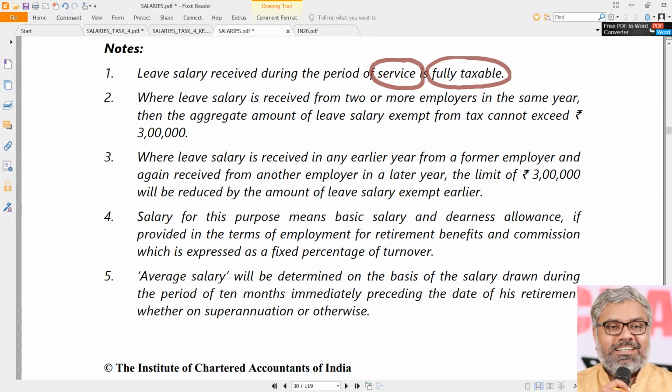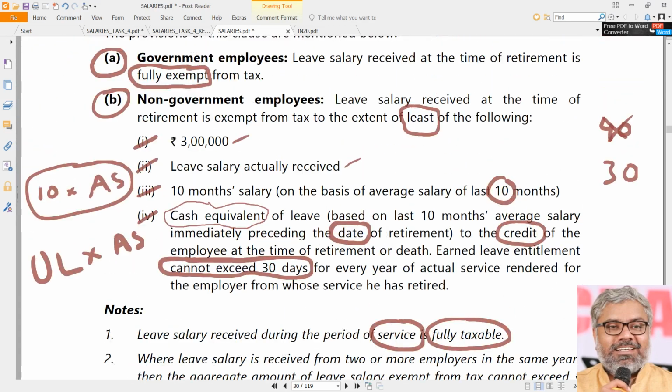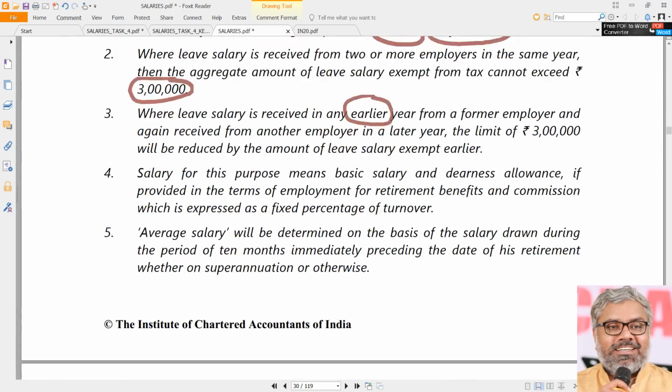Then the other things are also the same. We know this already, the logic of the statutory limit. Is the 3 lakh statutory limit available every time the employee retires from an employer? No. That is his lifetime exemption. Imagine the leave salary is received from 2 or more employers in the same year: total exemption cannot exceed 3 lakhs. In the same way, if leave salary was received earlier from any former employer, then the statutory limit, instead of 3 lakhs, will be 3 lakhs minus the already claimed exemption.